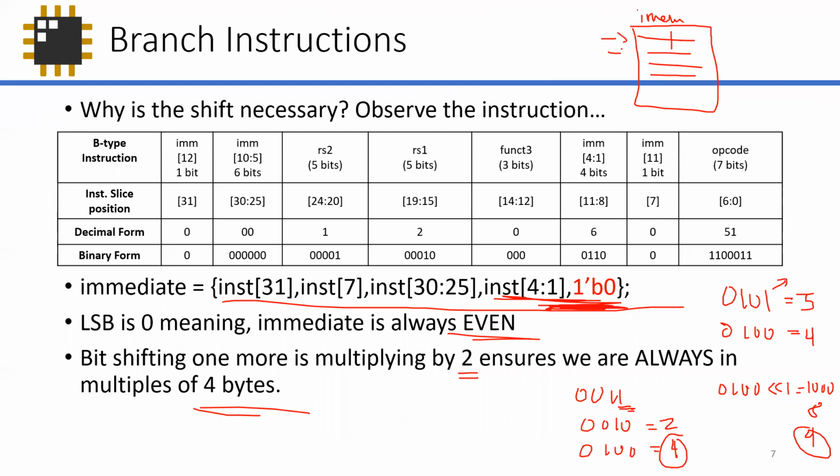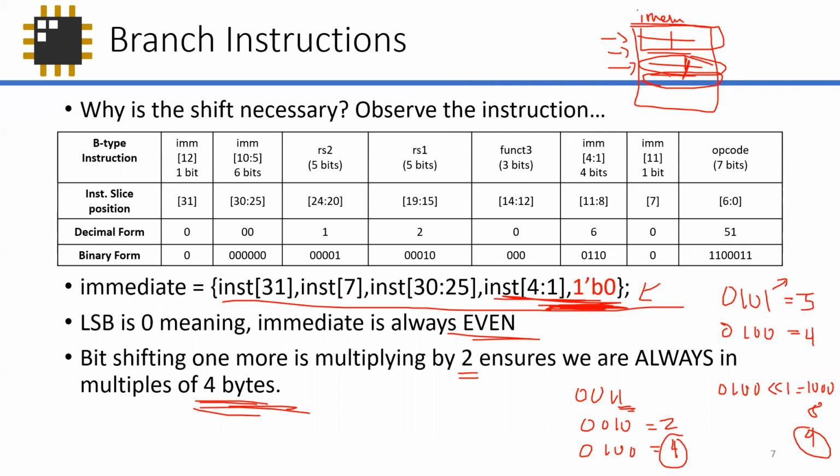It's always in multiples of 4 because we have to grab the entire word. The way the RISC-V instruction set was built, with that specification that you have to multiply by 2 later on, ensures that we're always getting multiples of 4 bytes. So we're always guaranteed to get a word, not half of it. Okay? Does that make sense?